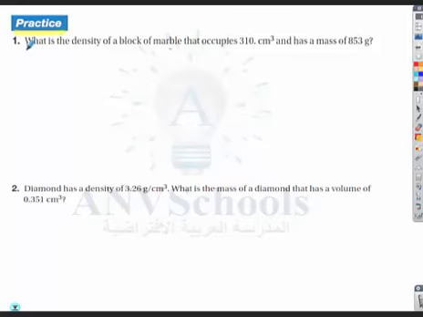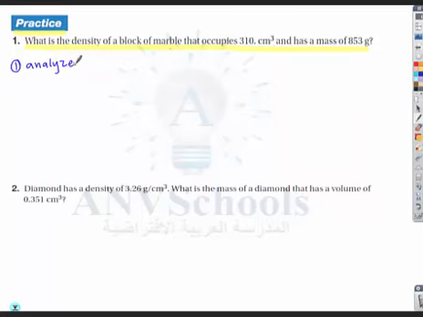What is the density of a block of marble that occupies 310 cubic centimeters and has a mass of 853 grams? So that is the question. We will take the same steps. The first thing we will do here is number 1, analyze.